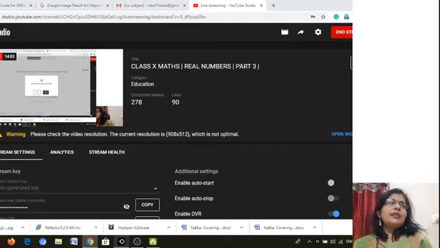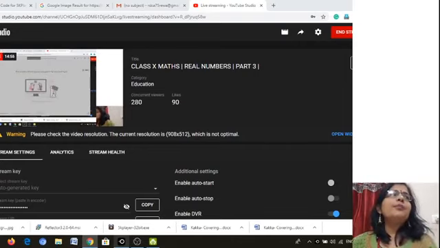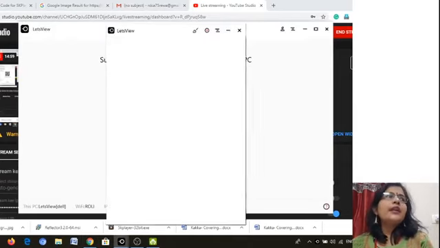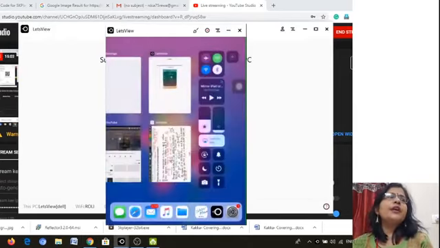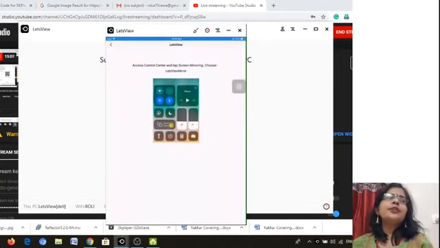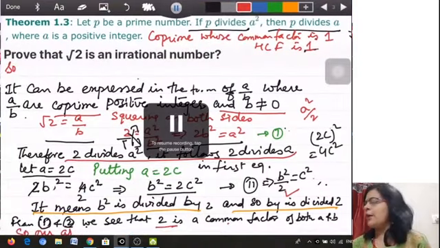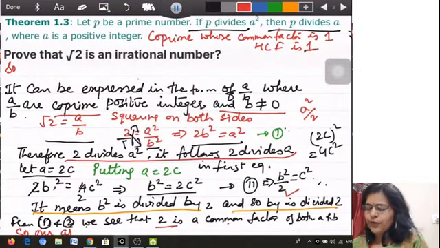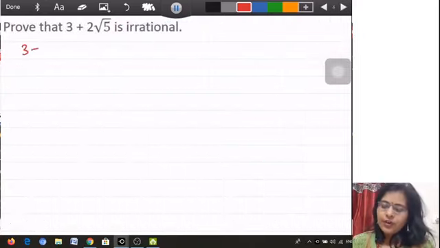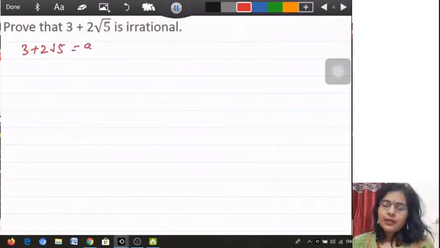Similar types of questions are there, such as prove that 3 plus 2 root 5 is an irrational number. In that, we can take that let a by b be a rational number where a and b are co-prime. Then we simply take 3 plus 2 root 5 is equal to a by b, and then this 3 will be brought over here: 2 root 5 is equal to a by b minus 3.